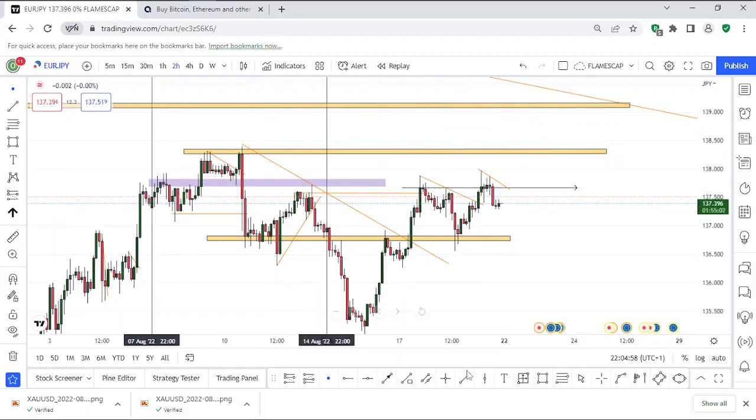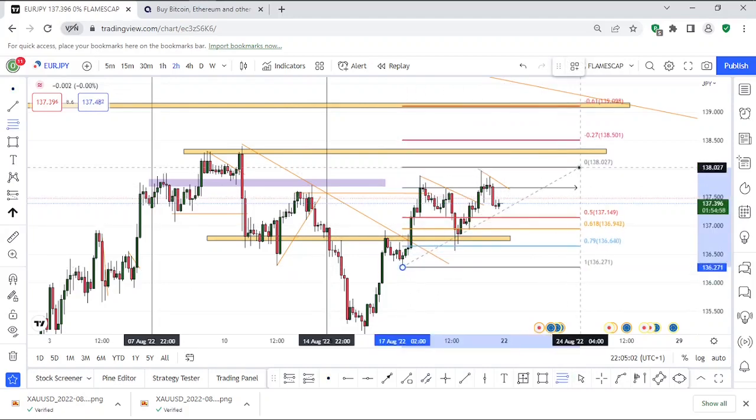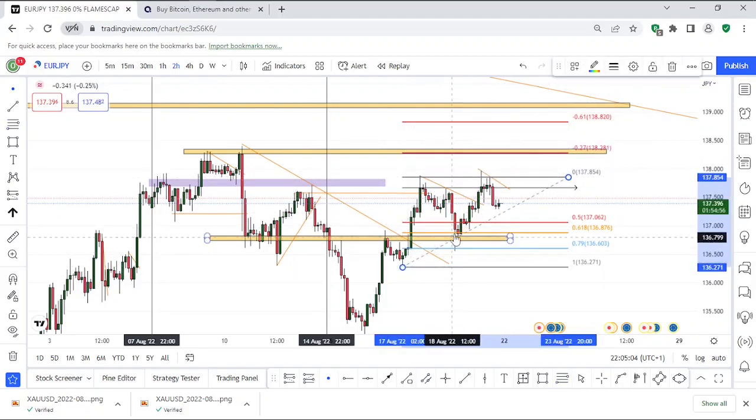So as the market was retracing, I brought out my Fibonacci retracement and plotted it, which also tallies with this support.